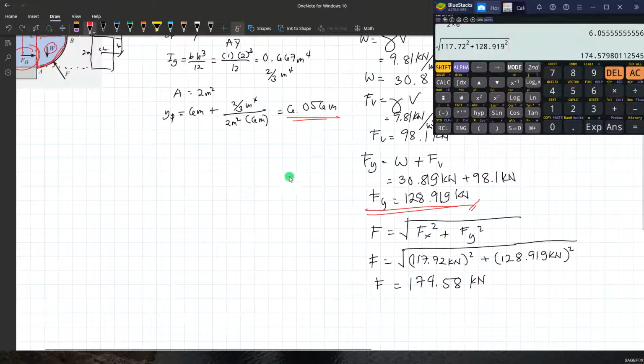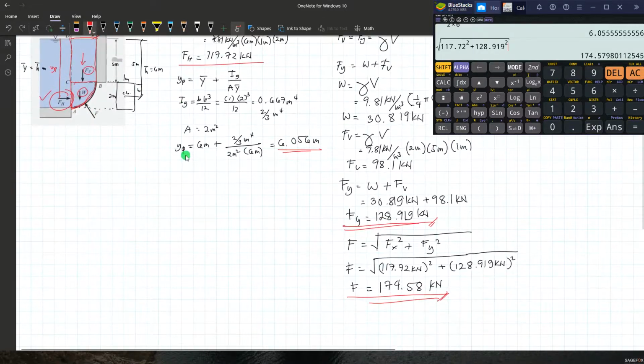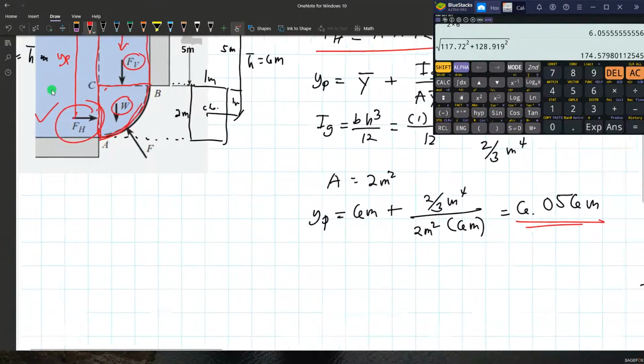So this is your equivalent force acting on this curved surface right here.